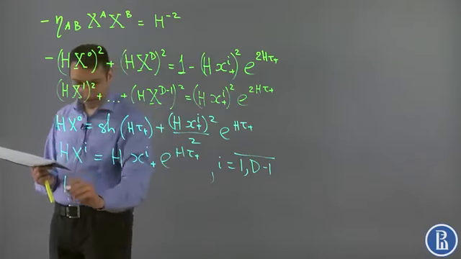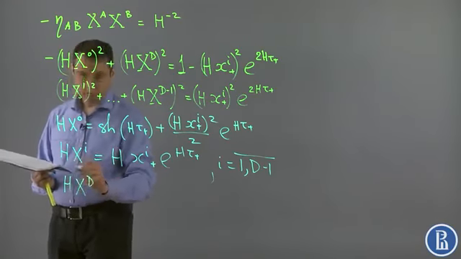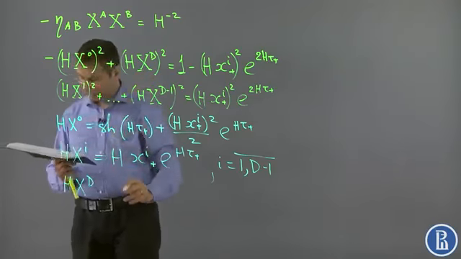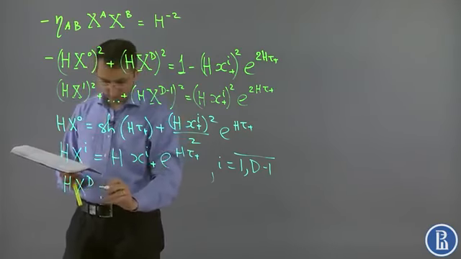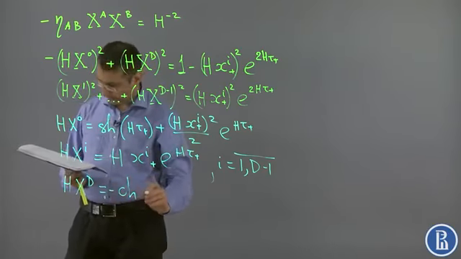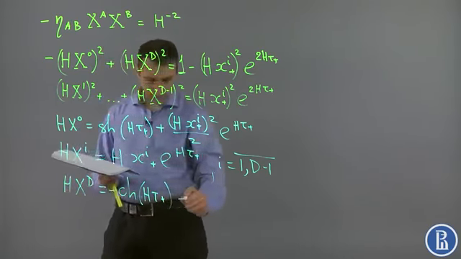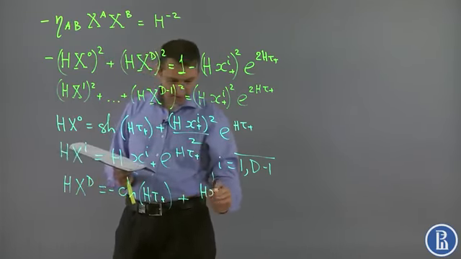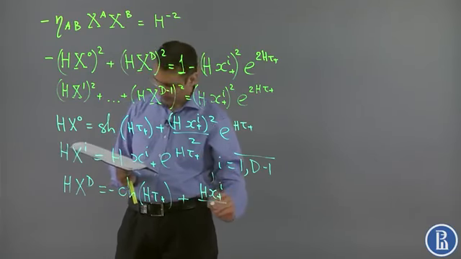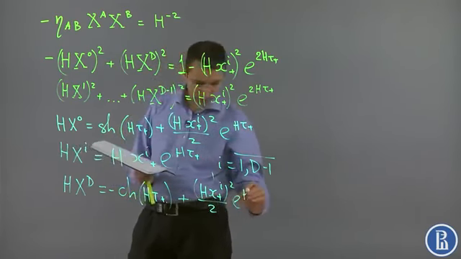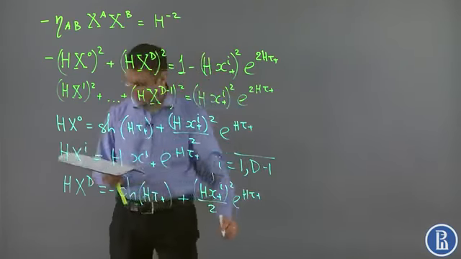And finally, hxd, which solves this, together with this, is minus hyperbolic cosine of h tau plus hx plus I squared over 2 exponent of h tau plus.